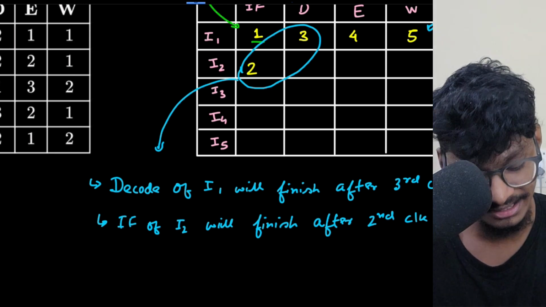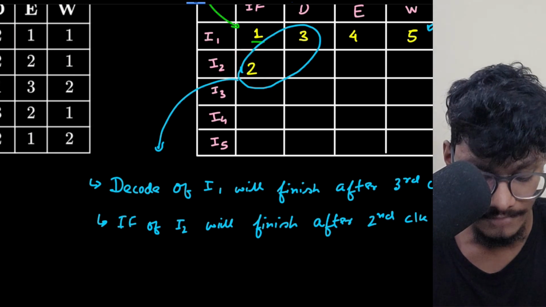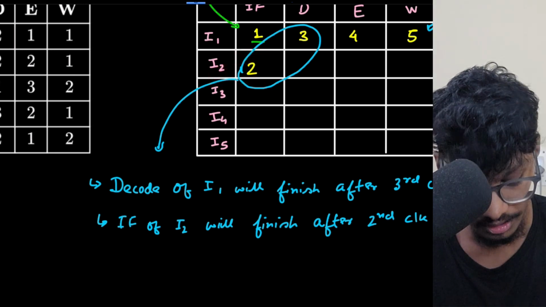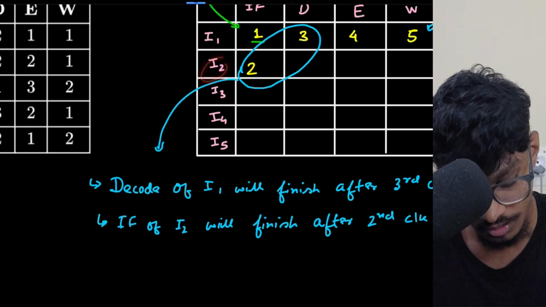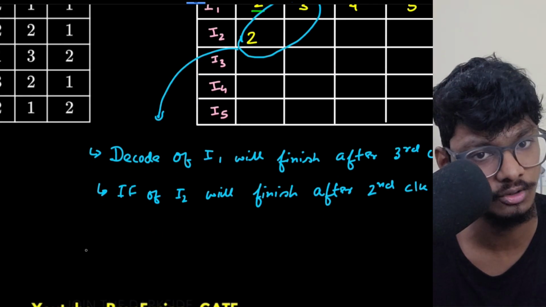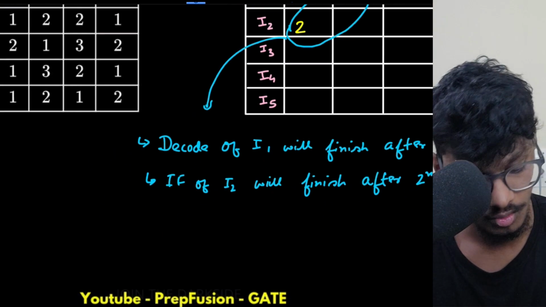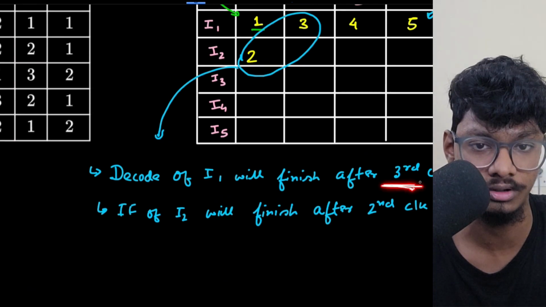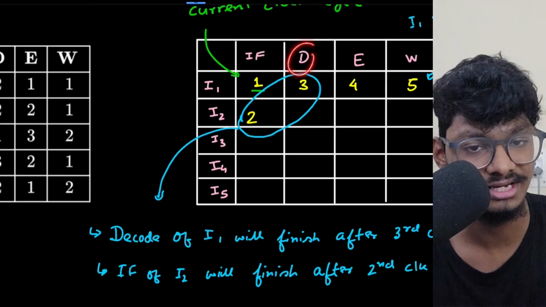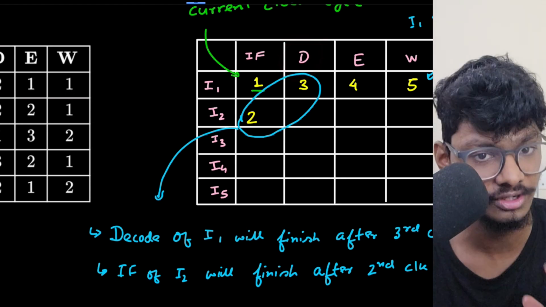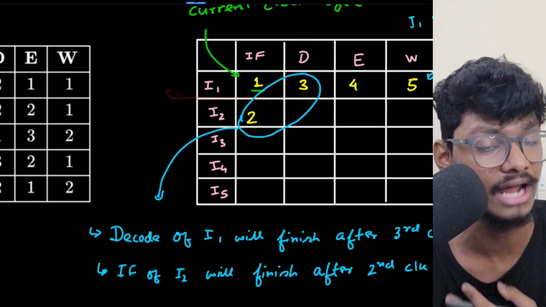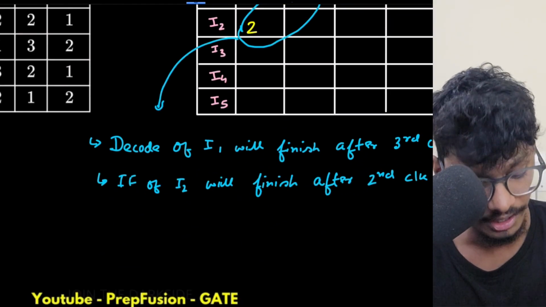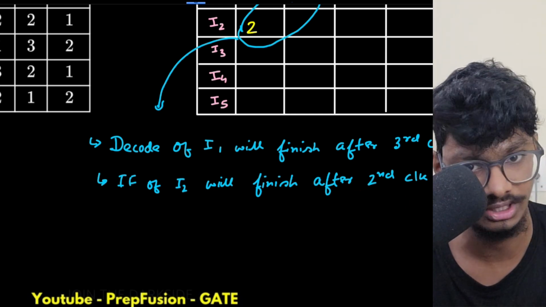Can I instantly start my decode of instruction I2 from the third clock cycle onwards? No, I cannot, because only after the third clock cycle is the decode stage getting freed, right? This stage is getting freed only after the third clock cycle due to instruction I1. So I cannot start my decode from the second clock cycle onwards.